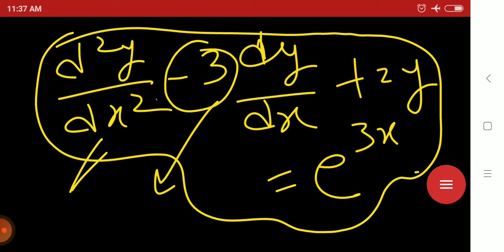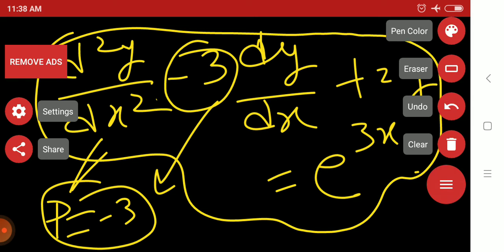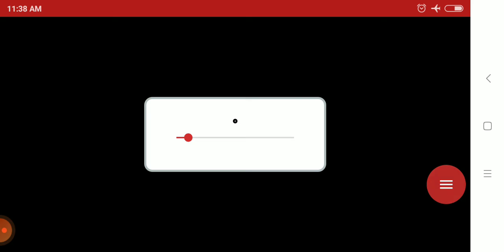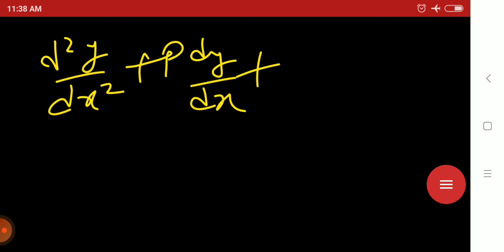So p is minus 3 here, and q is given. One thing I should correct: it is d2y by dx square plus p dy by dx plus qy equals r of x, where I had written qx equals 0.